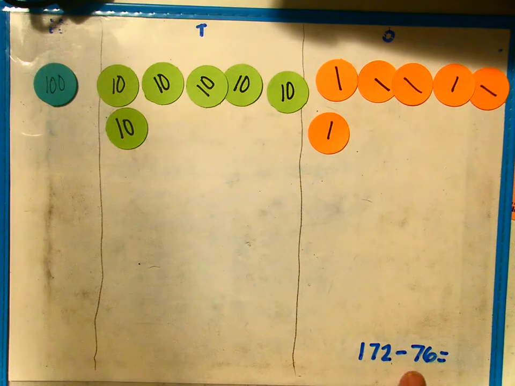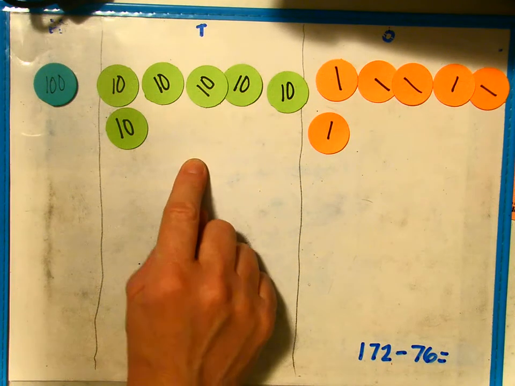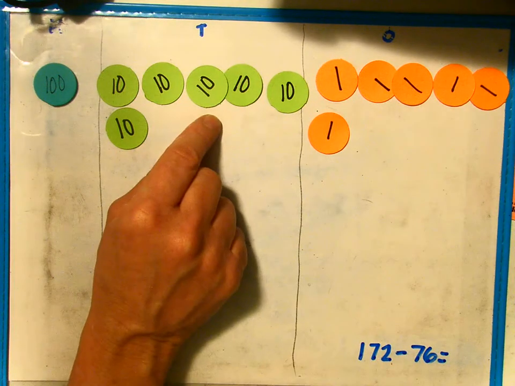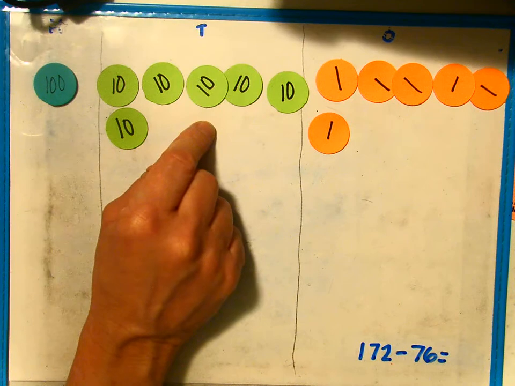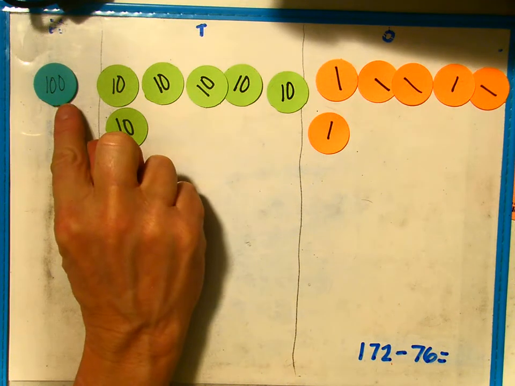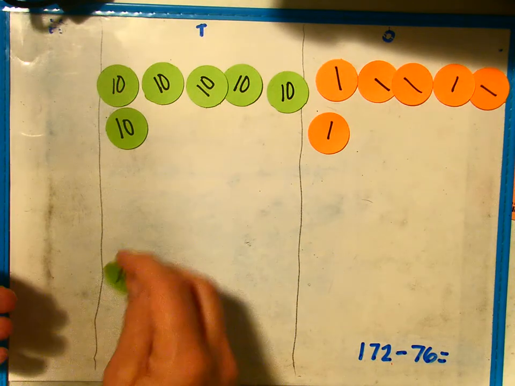Moving on over to the tens place. I want to take 7 tens away. But I decomposed one of them. I don't have 7 tens. I only have 6. What do I need to do? Decompose or unbundle. My 100, I'm going to turn into 10 tens.